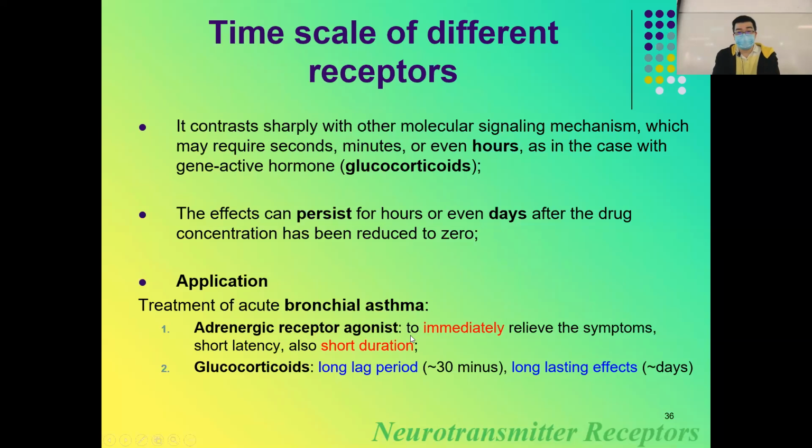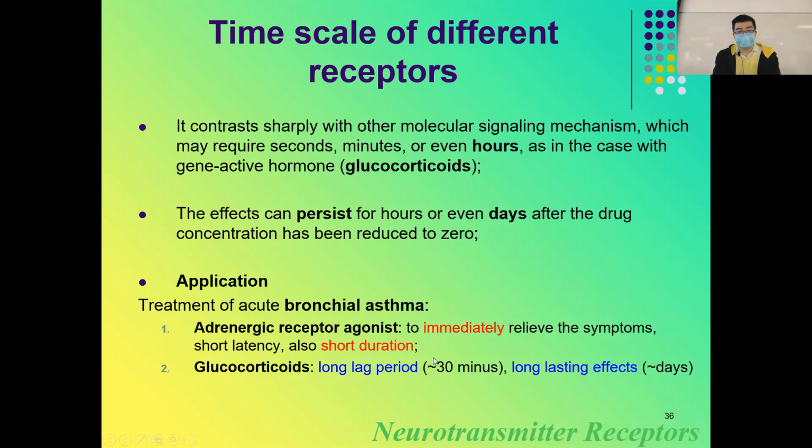So that actually relieves the symptoms at once because the adrenergic receptor agonist acts like adrenaline. So when adrenaline is released, your bronchial muscle will dilate, so that will help to relieve it. Okay. Now, when we talk about noradrenaline, then you'll see that this is actually a localized effect, because if this is a more general effect, then they will have a different outcome.